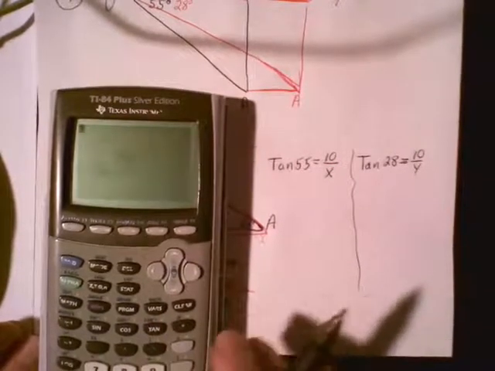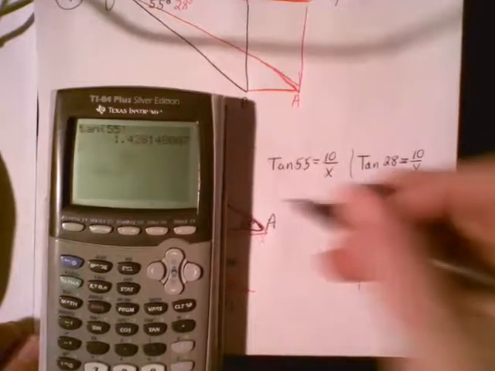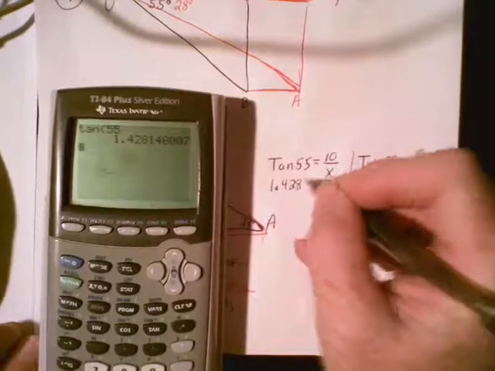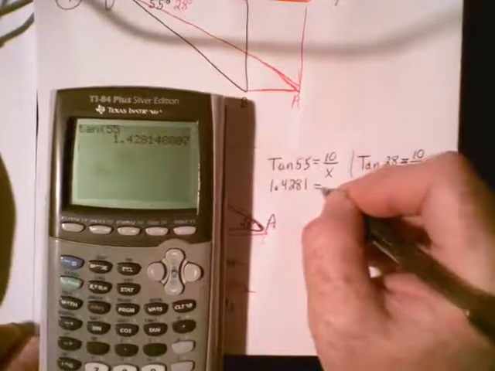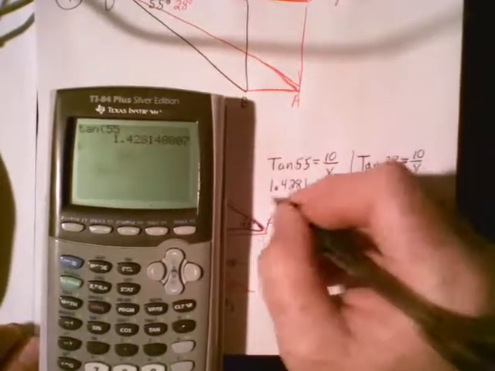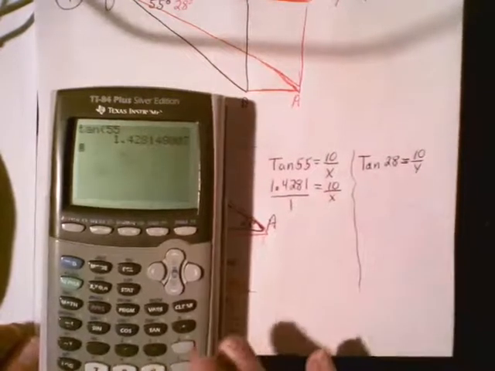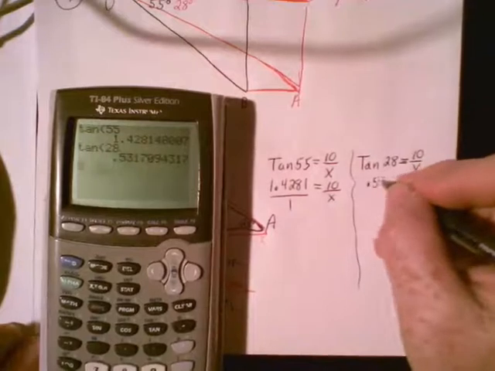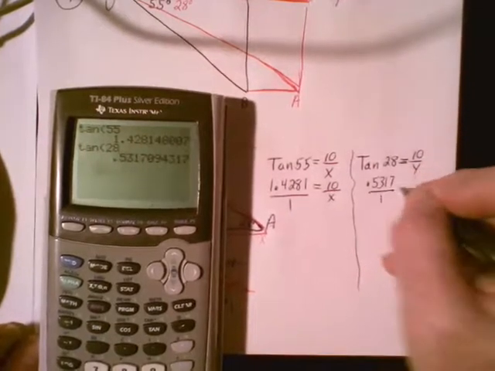So tangent 55, we get 1.4281 equals 10 over X. Put a 1 under that. I'm going to do the tangent of 28 on the other one over here, that's 0.5317. Put a 1 under that.